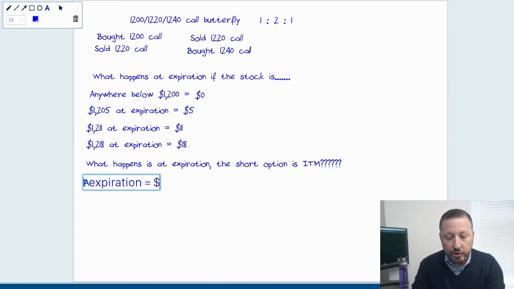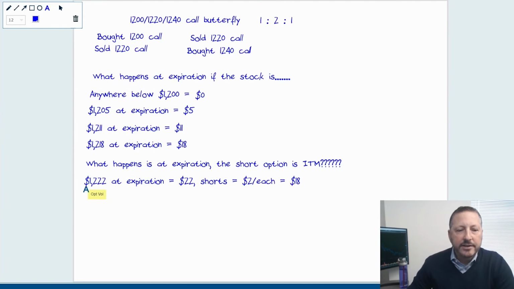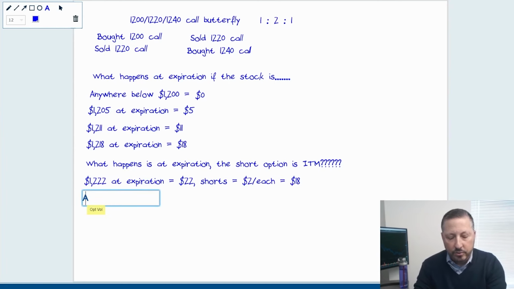Well, the long option would be worth 22. The short options would be worth $2 each, for a total value of $18. And so on and so forth. Let's go up to 1231. At 1231, the long option would be 31.